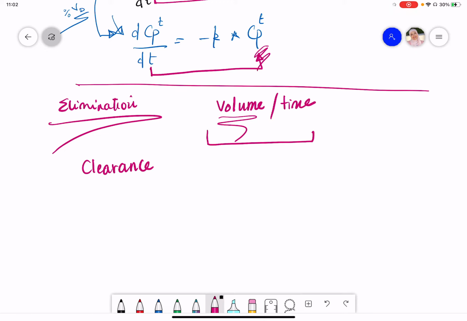Again, because we are talking about linear kinetics, whatever we are mentioning here is true under linear kinetics or first order kinetics. The apparent volume of distribution is constant because it's not changing over time.